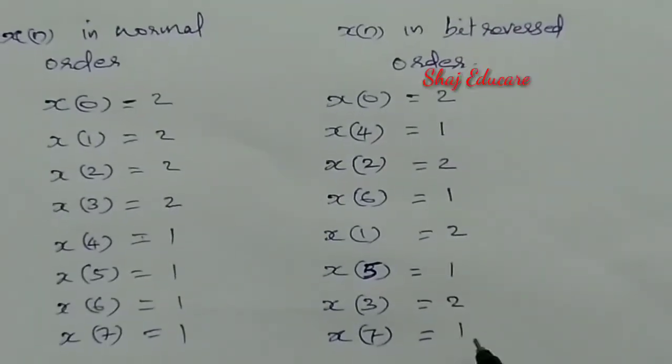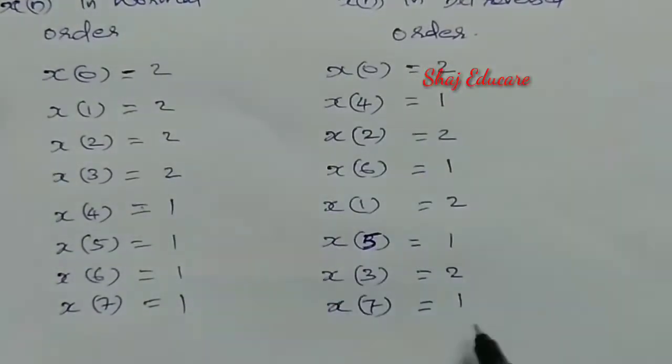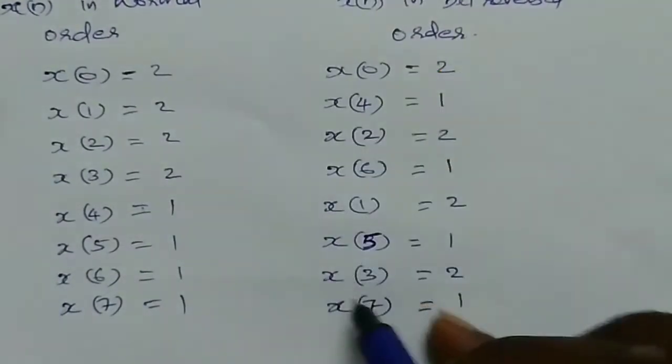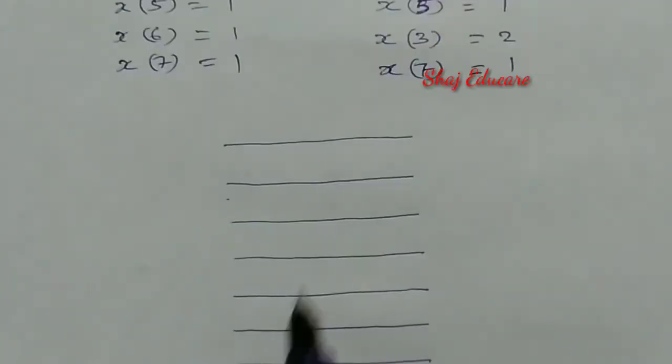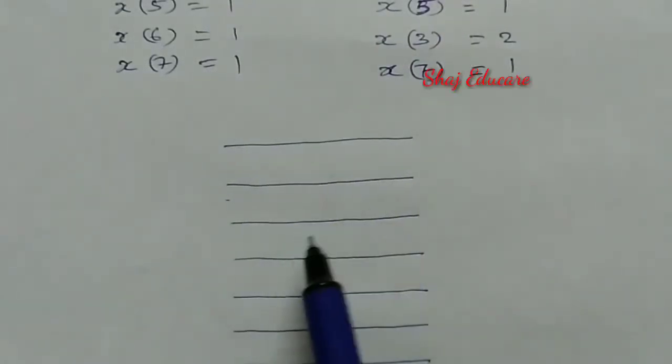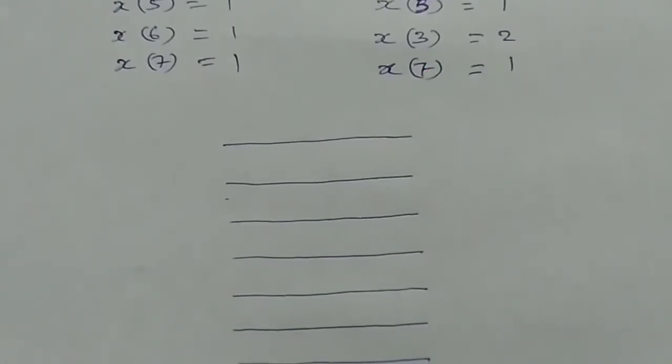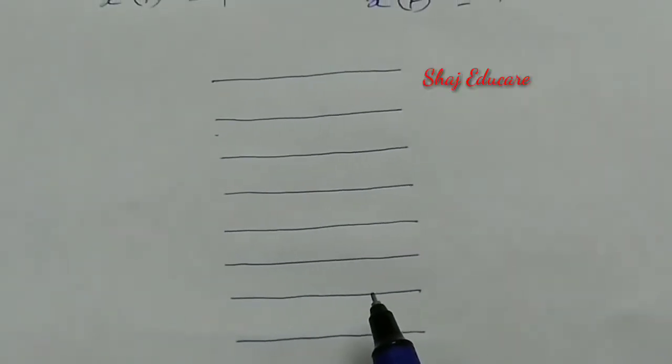Right. Now we have to draw the butterfly diagram as per this order. Drawing the butterfly diagram for the first stage of computation is discussed in detail in my previous video, so I'm not going to explain more deeply about that.